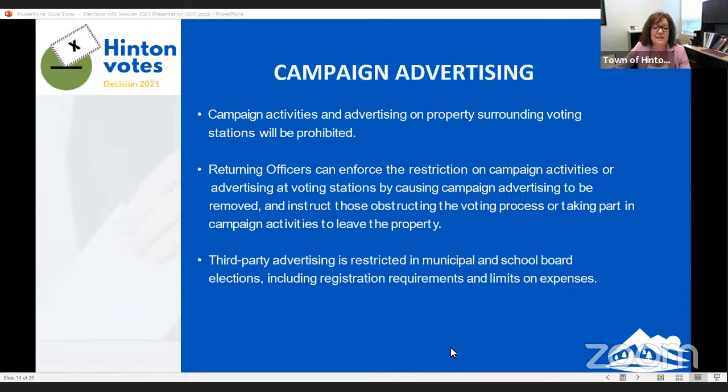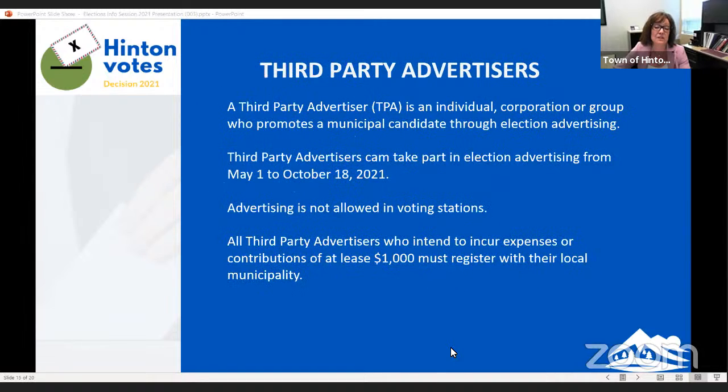Third-party advertising is restricted in municipal and school board elections, including registration requirements and expenses, and limits on expenses. A third-party advertiser is an individual, corporation, or group who promotes a municipal candidate through election advertising.